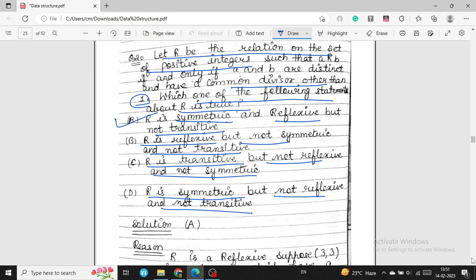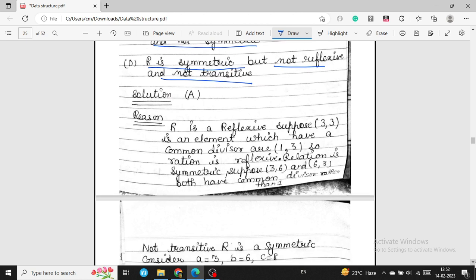Now here in this question, I am taking R as reflexive. For example, I am taking R is reflexive because we have given 3, 3. This is reflexive, an element which has a common divisor, that is 1 or 3.